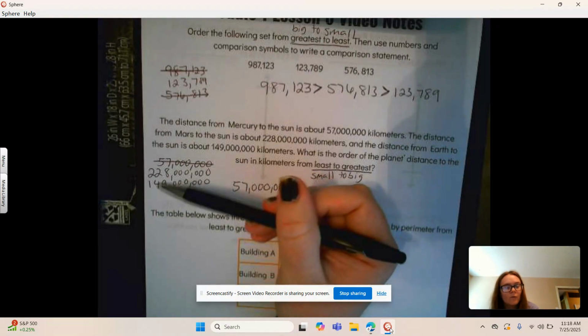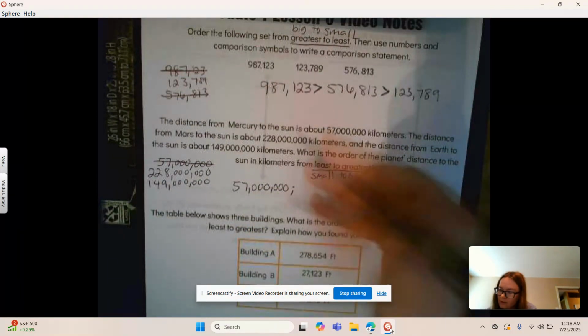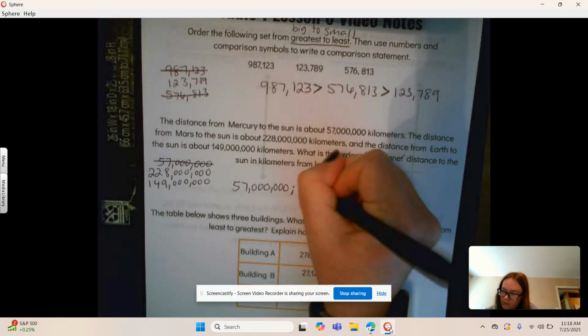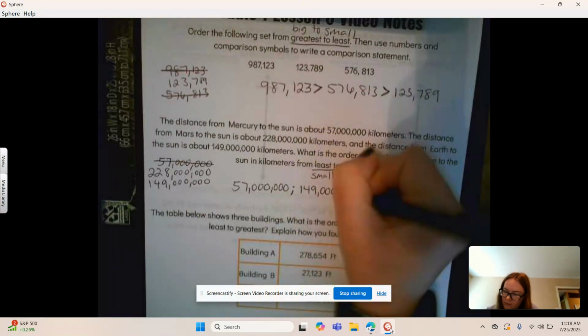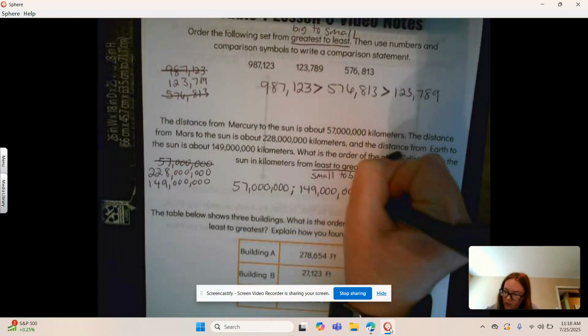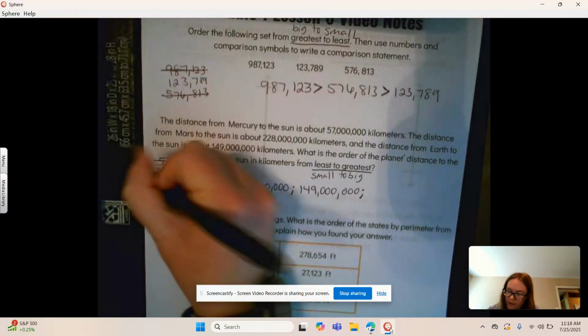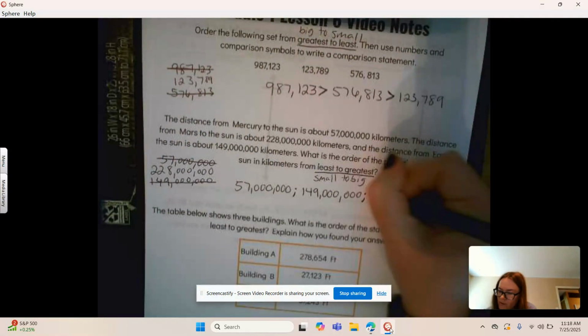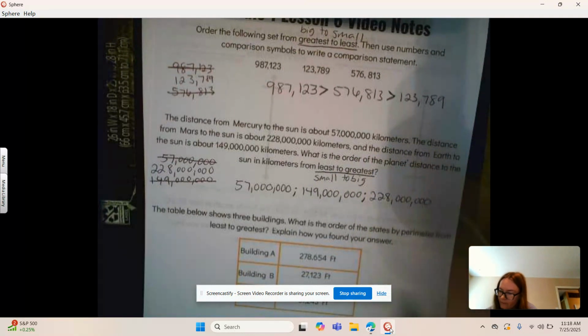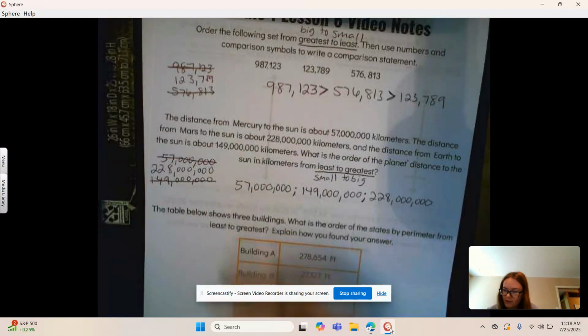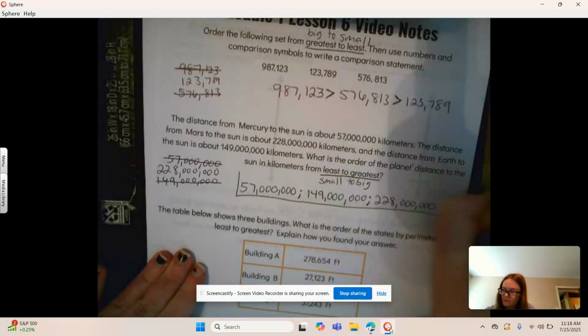So we have 149 million kilometers, semicolon, to show that there's more. We're going to mark that one out. And the last one is 228 million kilometers. Good. So there is your answer right here. Let's go ahead and circle that or box it in.